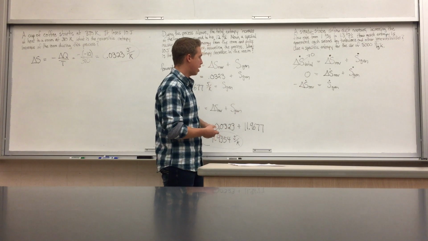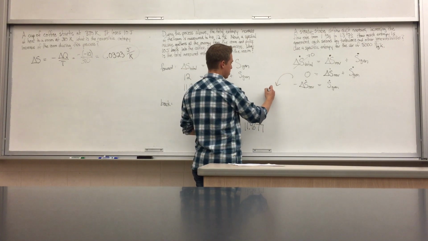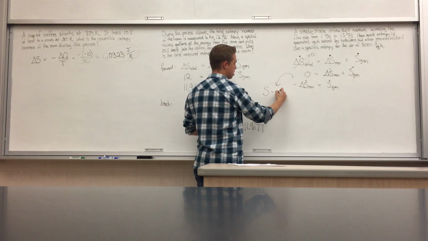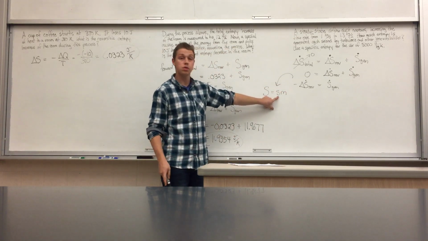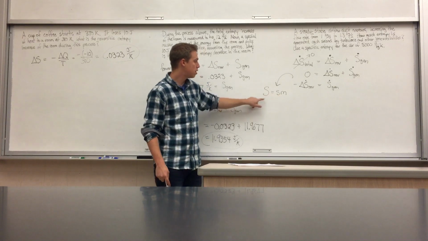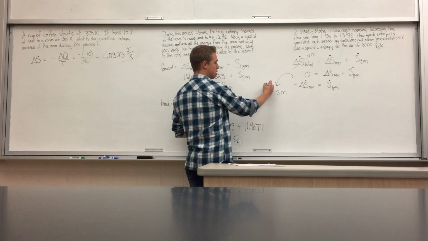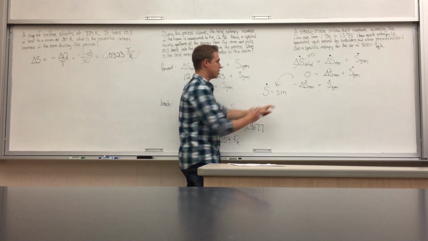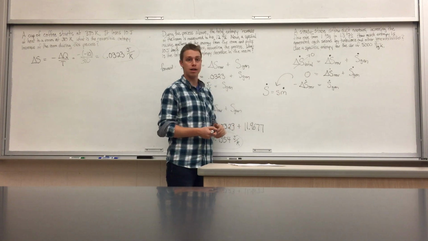So how we can get that is by remembering that big S equals little s times the mass, right? This was the definition of specific entropy. If I divide the mass over, you recognize that. Now, big S dot equals little s times m dot, okay? I'm going to make the equation dotted.